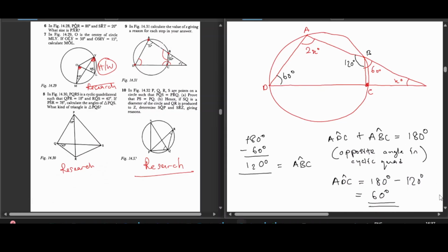But now, what is going to be this angle? Angle E is equal to 180 minus 2x. The reason being, 2x plus the angle we can call C should be equal to 180 degrees. The reason is the same as before, opposite angles in a cyclic quad. So C is equal to 180 degrees minus 2x.